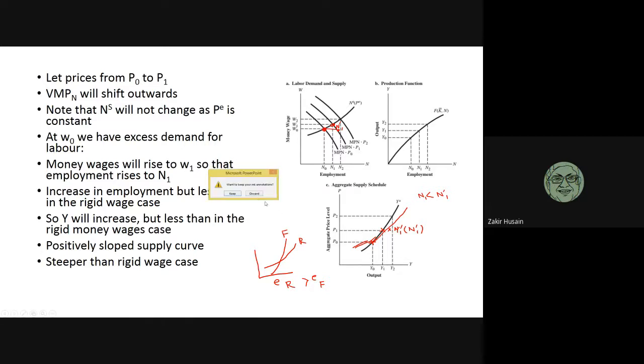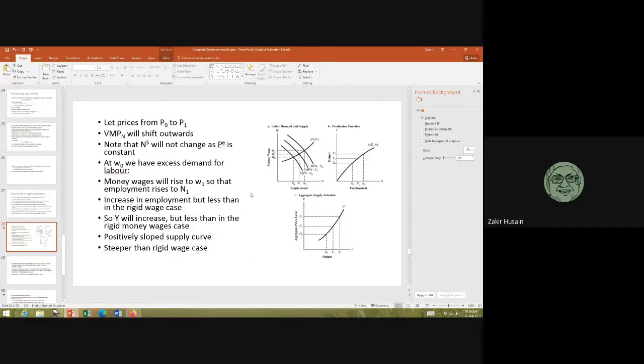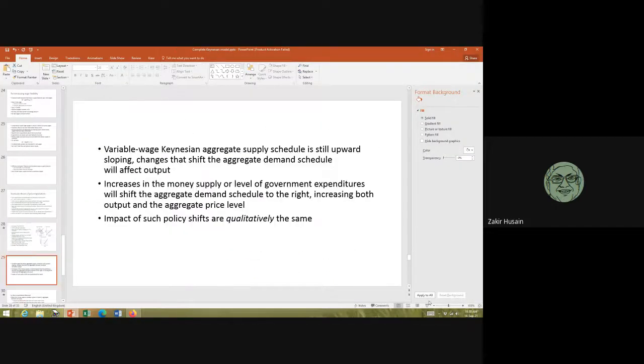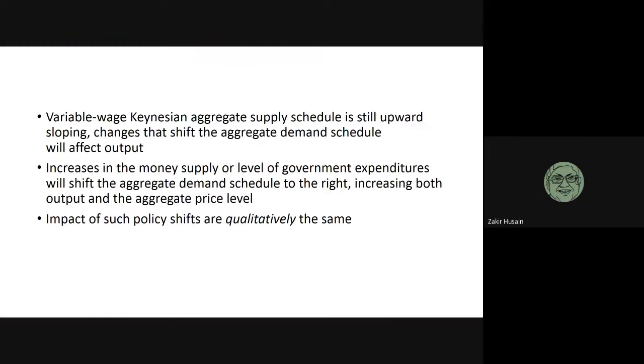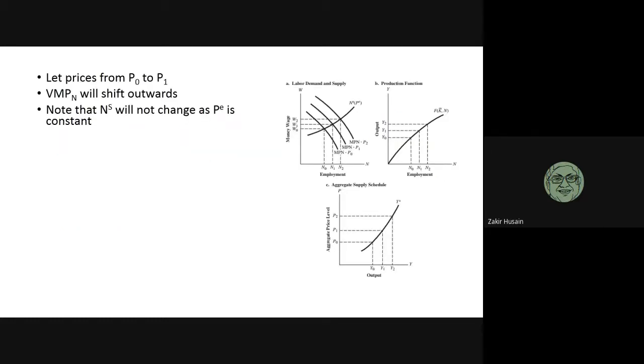Okay, so I'm removing that. Okay, so if we allow for variable wages, the Keynesian aggregate supply curve is still upward sloping. Okay, but the changes that shift the aggregate demand schedule will also affect output in that case.